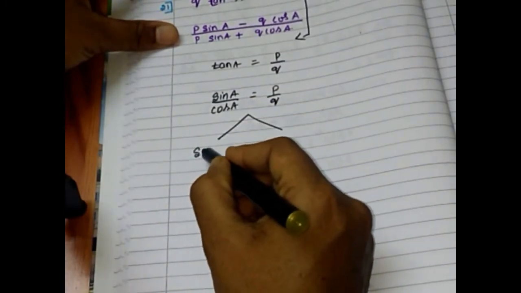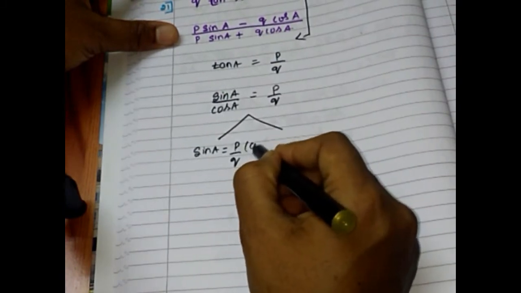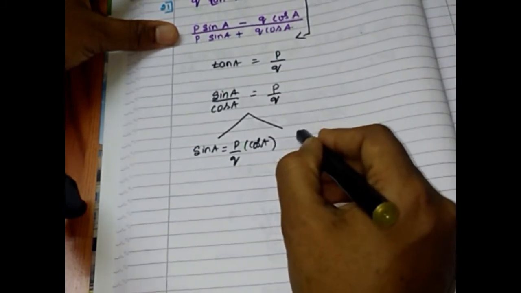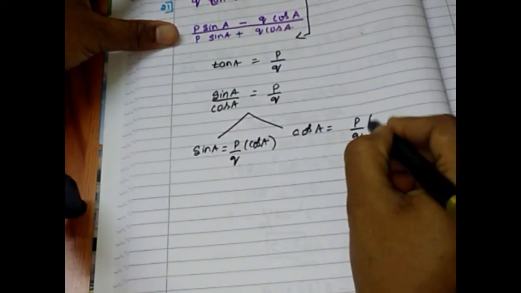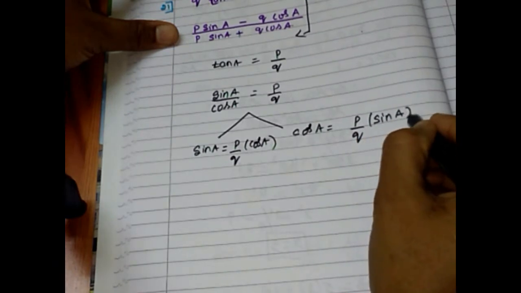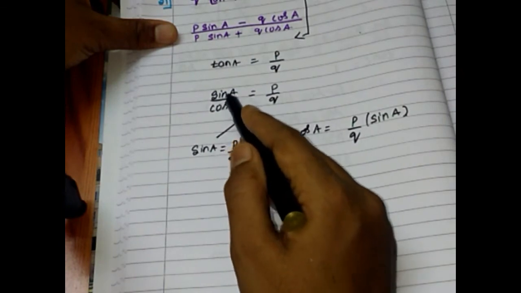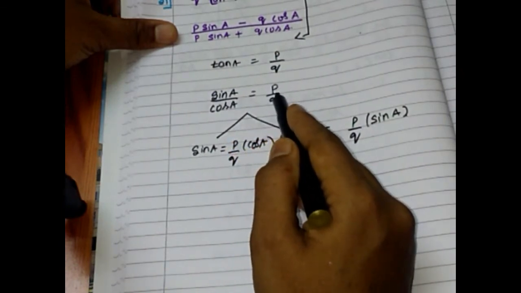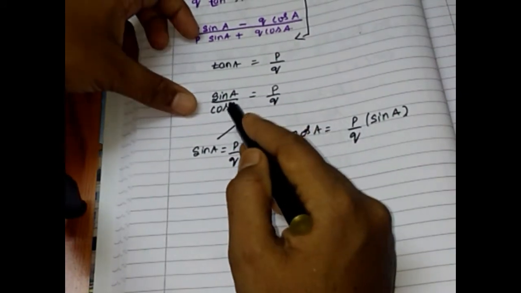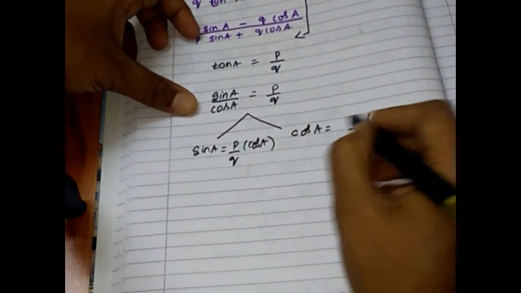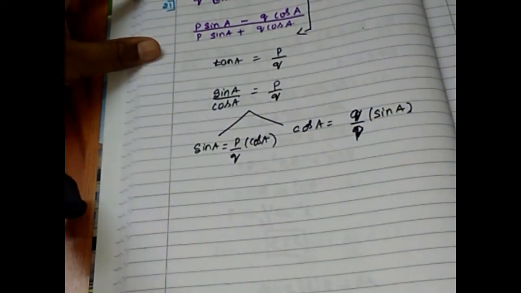One is sin A is equal to P by Q into cos A. But if I want to calculate cos A, it will be equal to Q by P into sin A. We need to take the reciprocal.